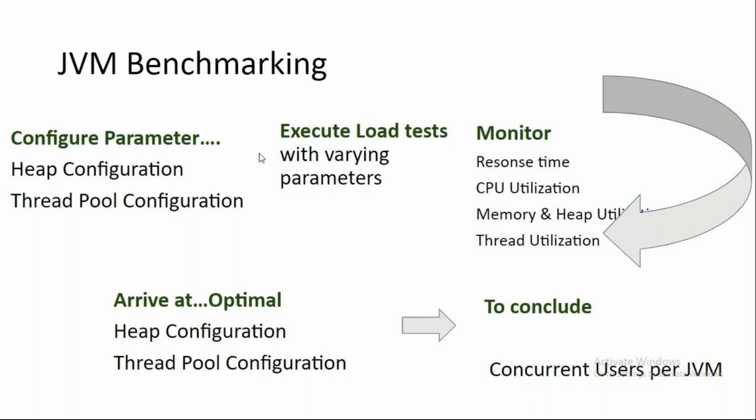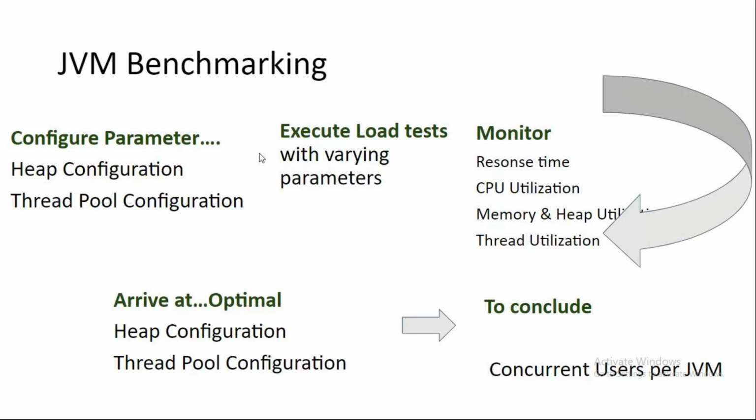JVM benchmarking is to derive your single instance configuration for an 8 gig RAM, 4 CPU machine. What is the ideal value that you should give for a heap, for a thread, so that you can meet your response time SLA, and then arrive at the load number?